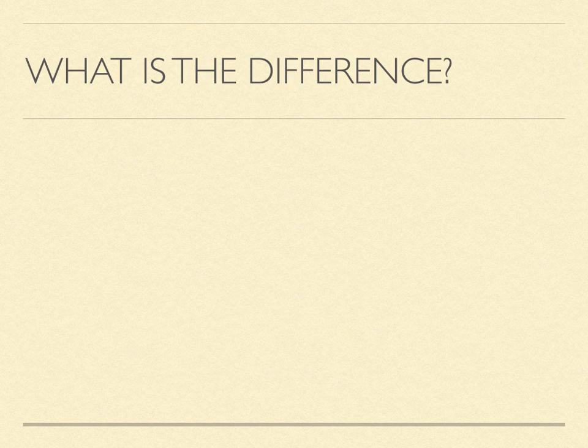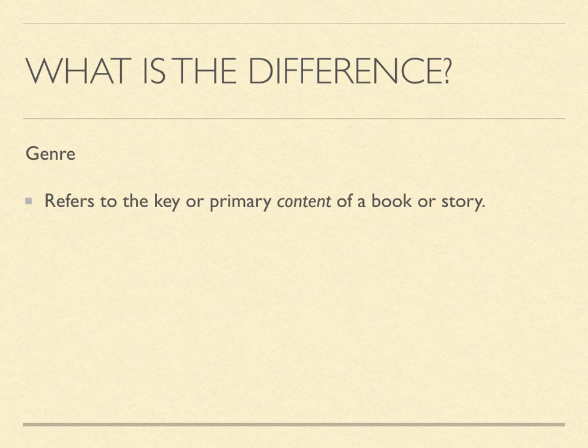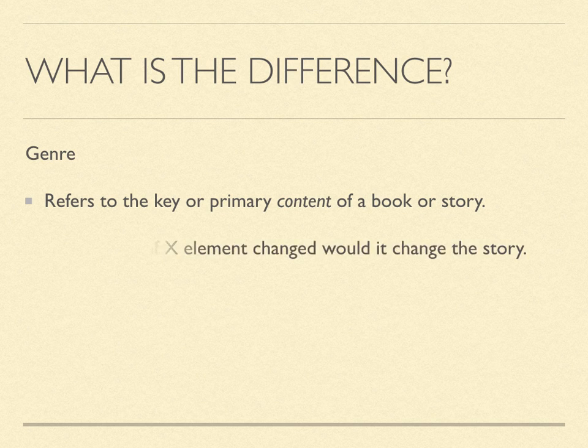So just to highlight, again, the difference between these two, genre refers to the key or primary content of a book or story. When you're trying to determine genre, ask yourself what are the key elements here that are imperative to the story? And if you're not sure, say to yourself, well, if this element changed, would it change the story?